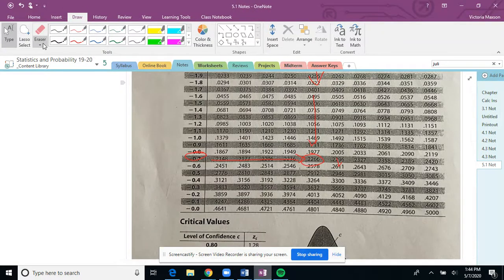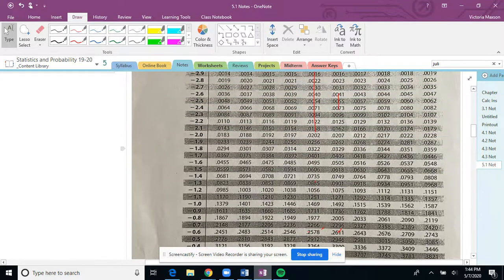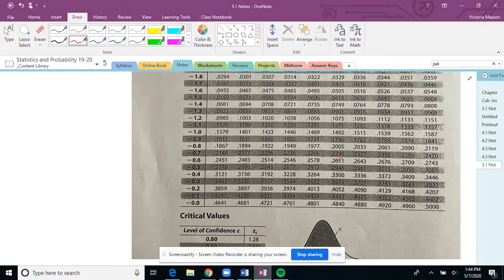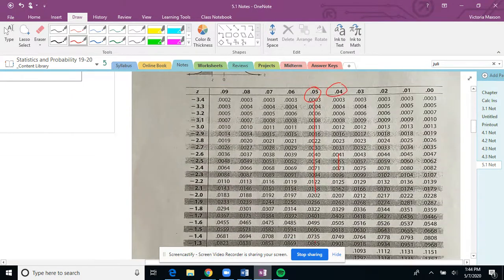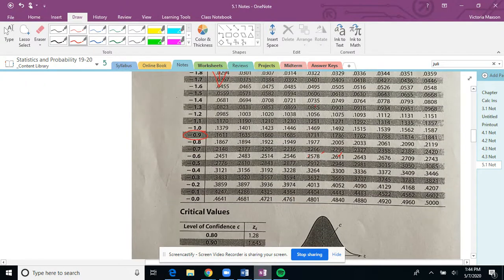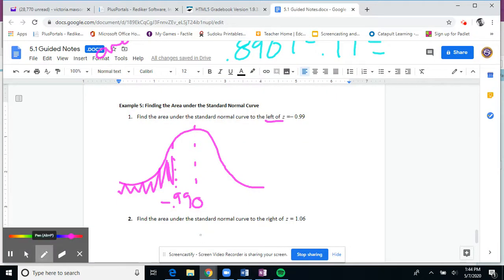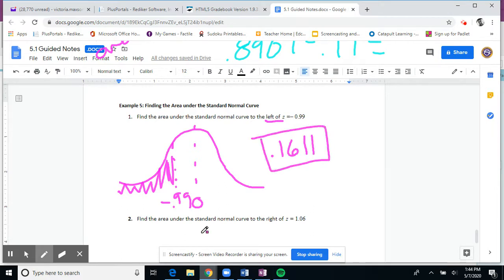So here's negative 0.9, and we want 0.99. First, 0.1611. So 0.1611 would be our area.